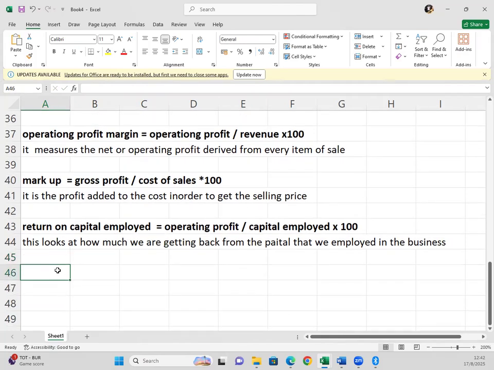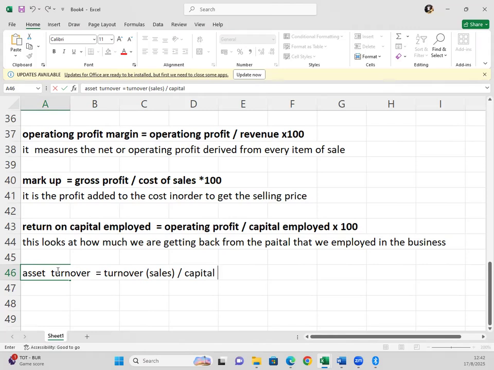Let me add one more. We have the asset turnover. So for the asset turnover, we say the turnover, or sales, over capital employed.